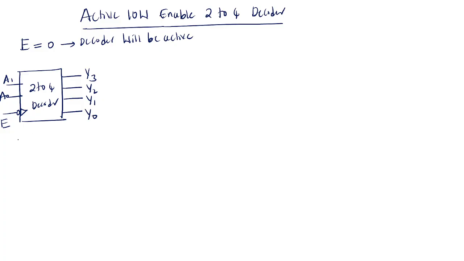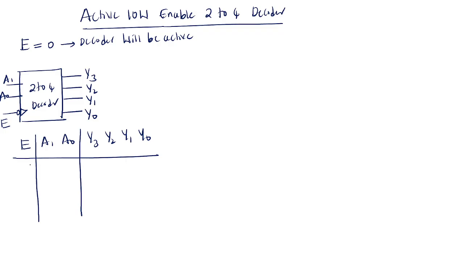If you see the truth table: enable, A1, A0, Y3, Y2, Y1, and Y0. When the enable pin is 1, whatever may be A1 and A0, all the outputs will be 0 only.